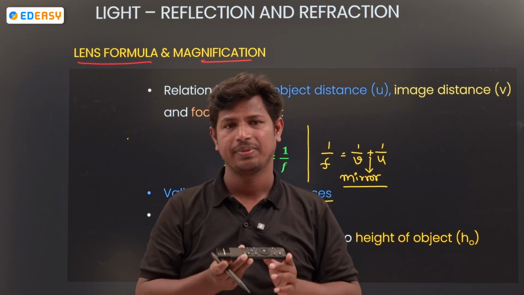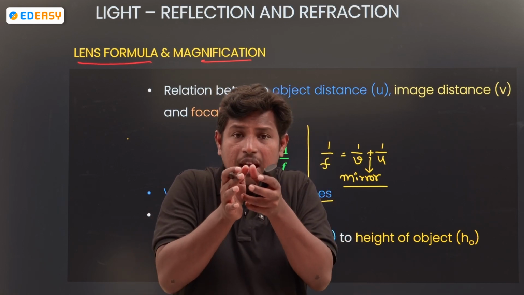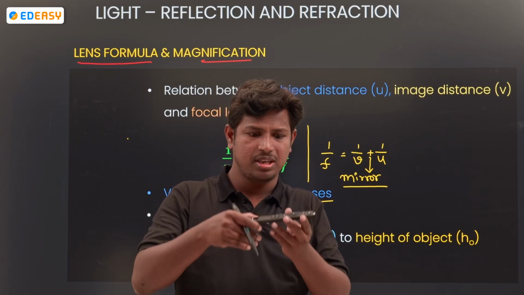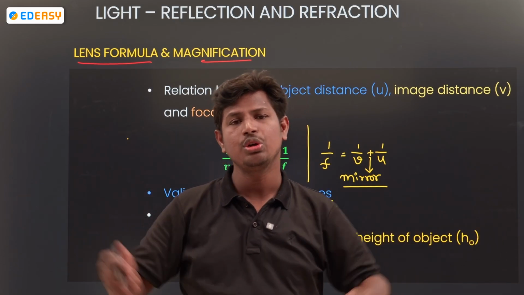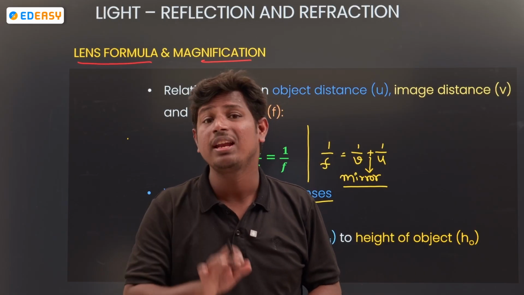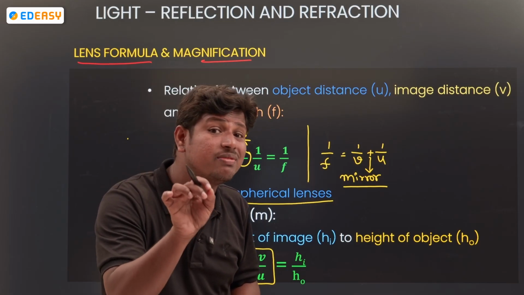A microscope is there. What is its purpose? We can see that the image will be very large compared to the object, very huge.